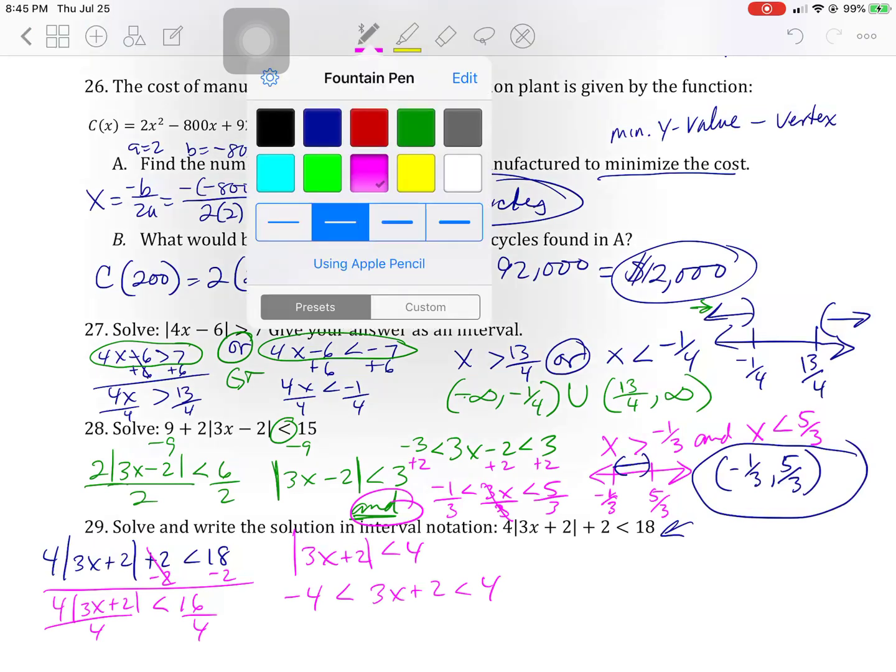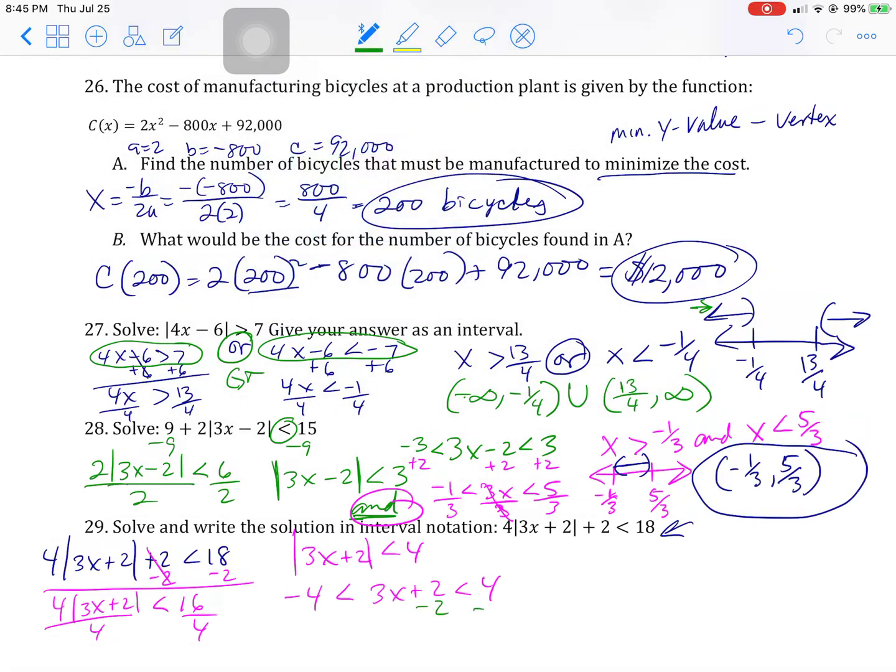And then isolate. And divide by the 3 to get the variable in the middle.